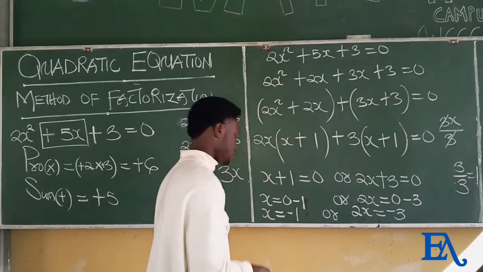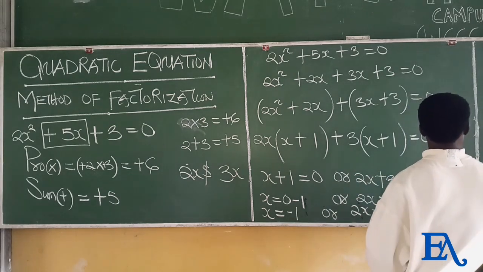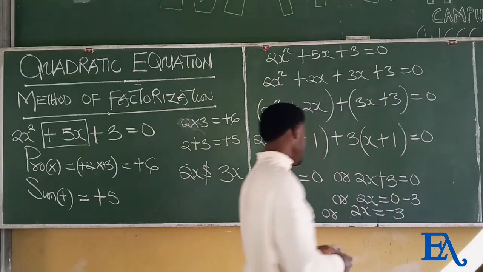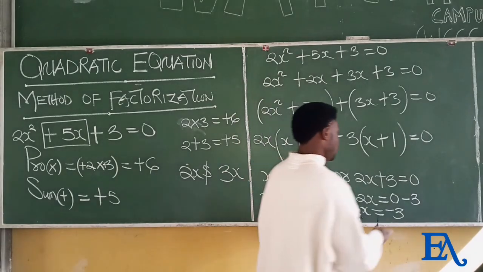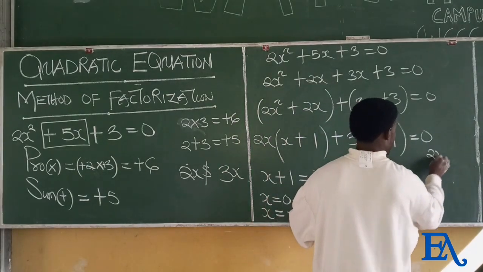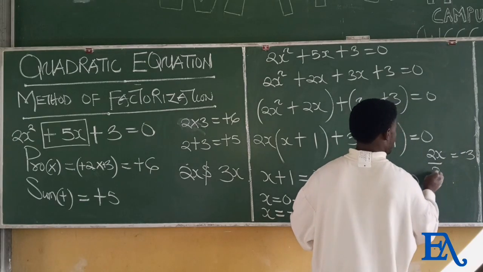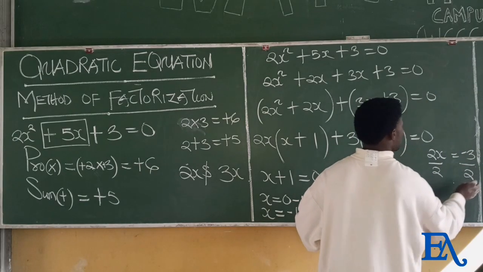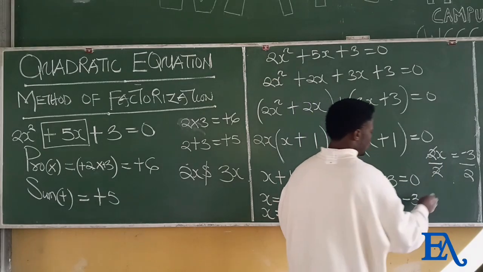Dividing both sides by the coefficient of x, we obtain 2x divided by 2 equals minus 3 divided by 2. This 2 cancels this 2, so x will stand alone.